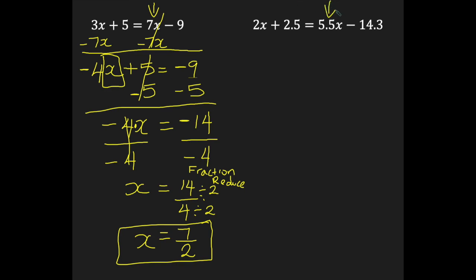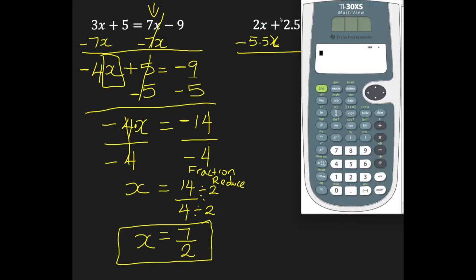So who do we eliminate first? It's the 5.5x. So since it's positive, I will do the opposite. I would subtract 5.5x on both sides. Okay, that's eliminated. Now I'm going to use my calculator.